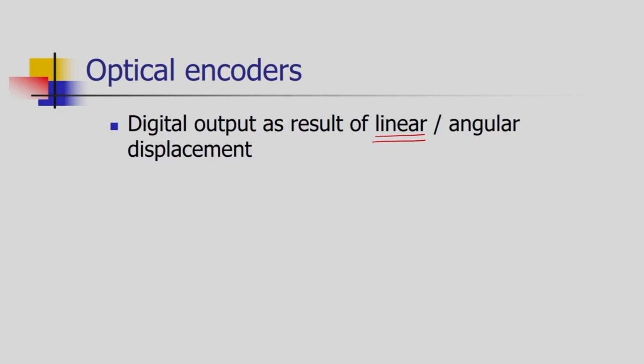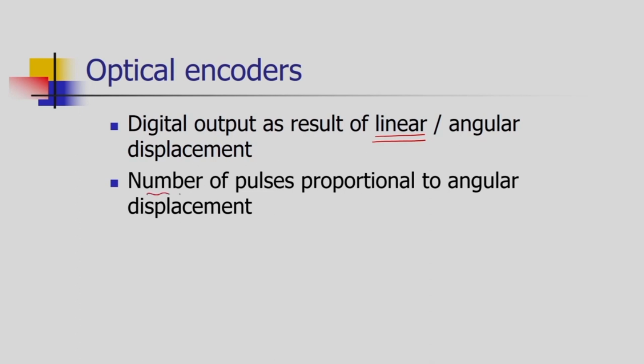So, in angular displacement we are using a disc, in linear encoders we are using a strip with holes. Number of pulses generated are in proportion with the angular displacement. So, by counting the number of pulses, by counting the frequency of pulses, you can easily compute the angular velocity.